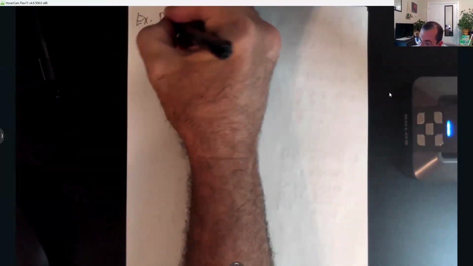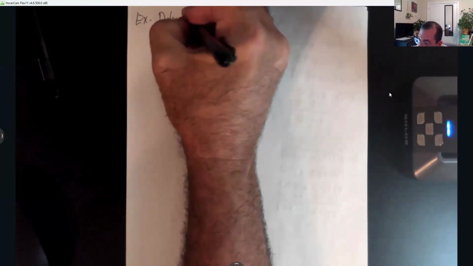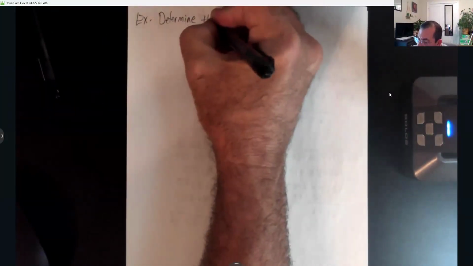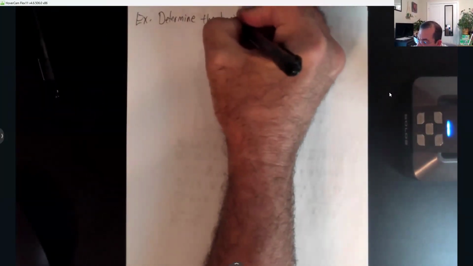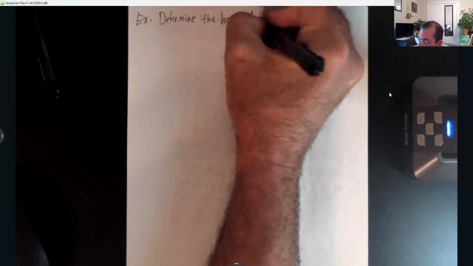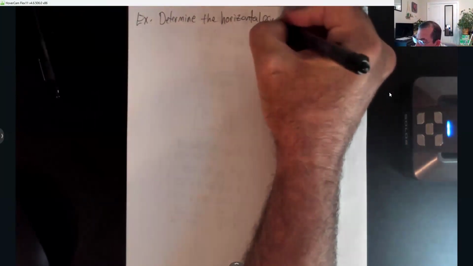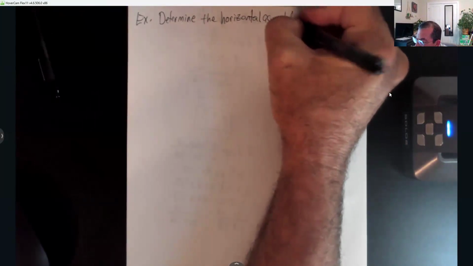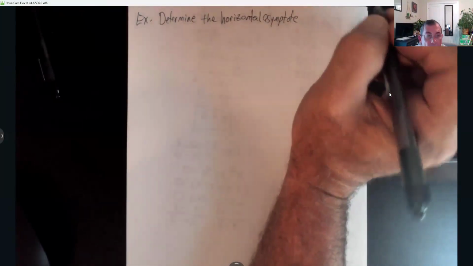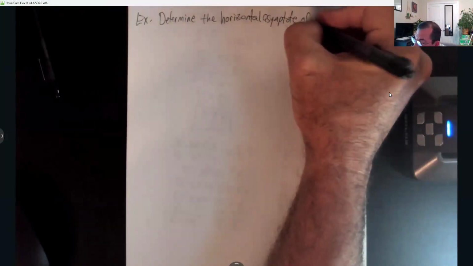So the one that's going to be different will be our horizontal asymptotes. So these next 3 examples, they want us to determine the horizontal asymptote of the function.